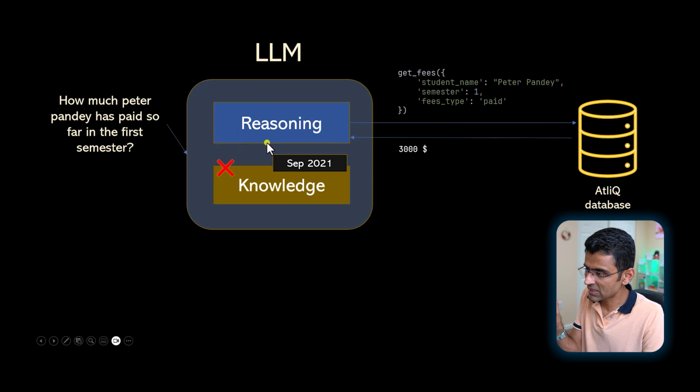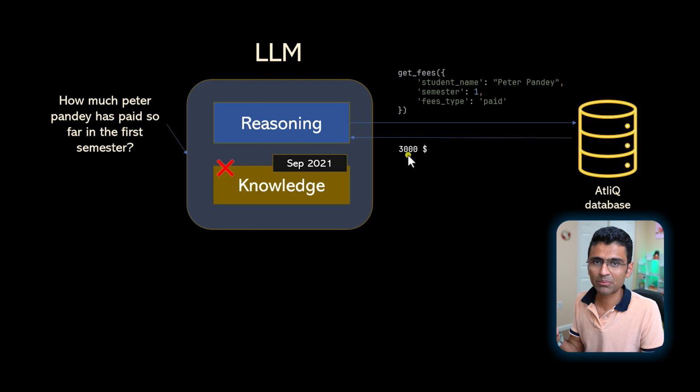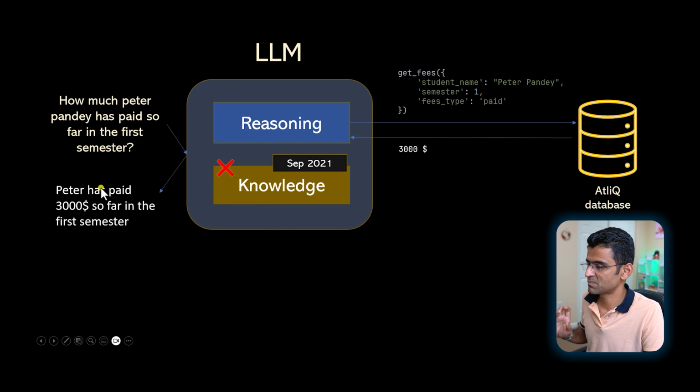Now, using the reasoning capabilities of the LLM, it can actually translate this question into an appropriate function call. And once you have the answer, such as $3,000, once again, you can use the LLM to translate that number into a human readable answer, which is Peter has paid so much in the first semester.